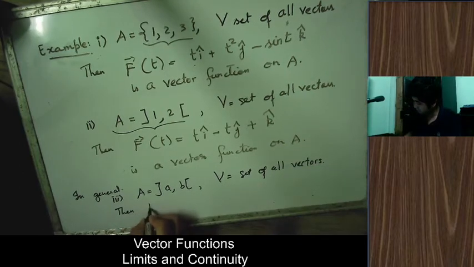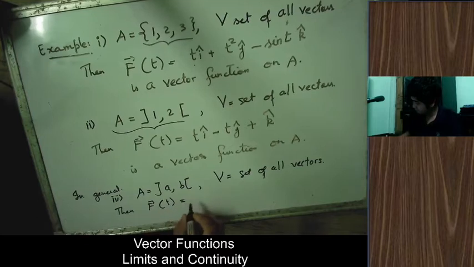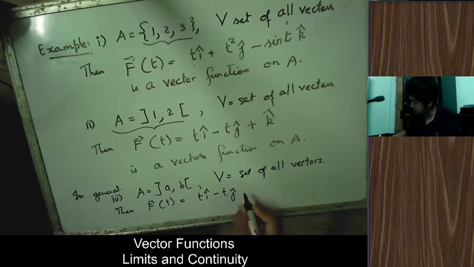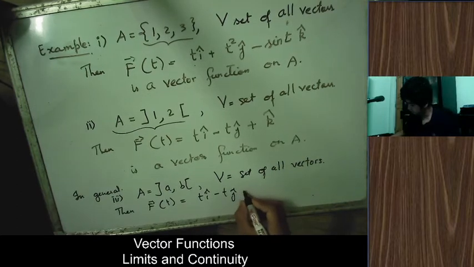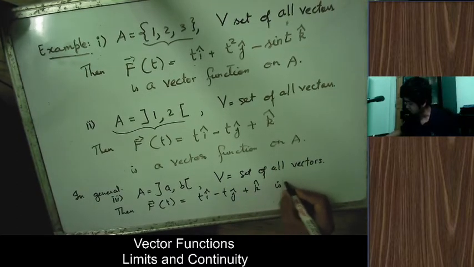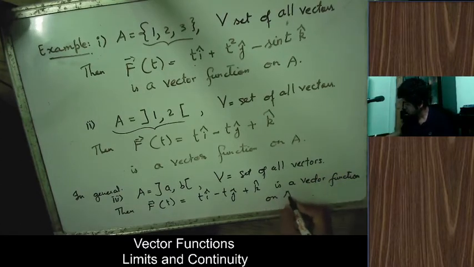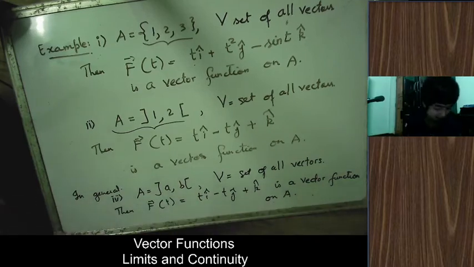Then the same thing, t i minus t j plus k, is a vector function. So we have seen something that is a vector function.